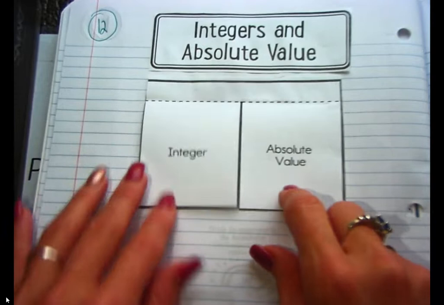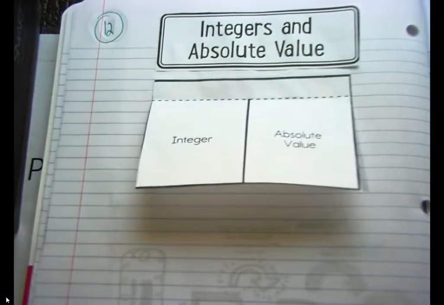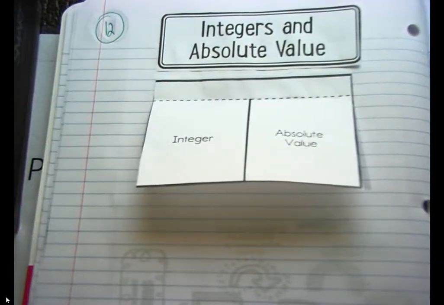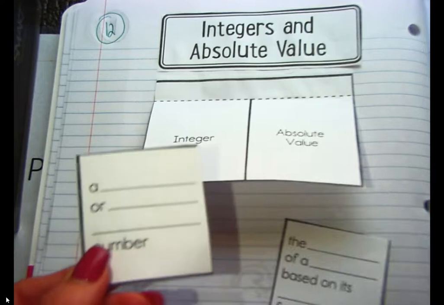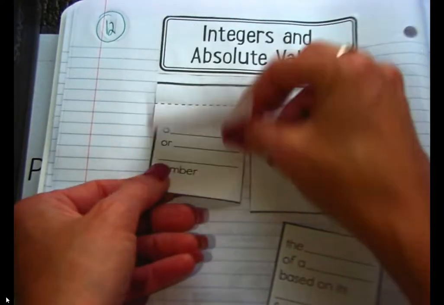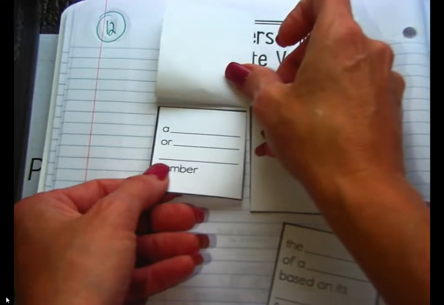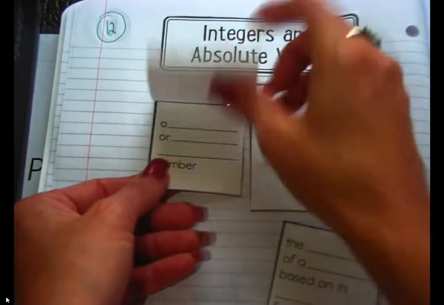Okay, so once you've done that, you actually have already been given the definitions. They're on the pieces. This one here, you're going to take this piece, you're going to glue it, and you're going to put it underneath integer. So take this piece and glue it.